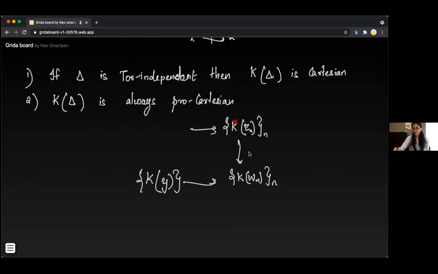And then we are saying that if you take all these thickenings and take the pro-K theory spectrum corresponding to that, then this square is Cartesian. Okay, that's Cartesian.